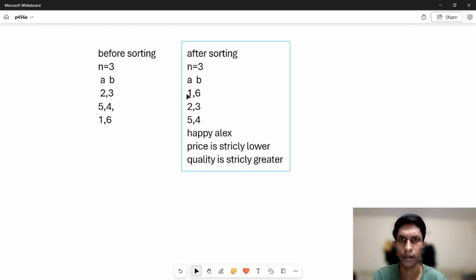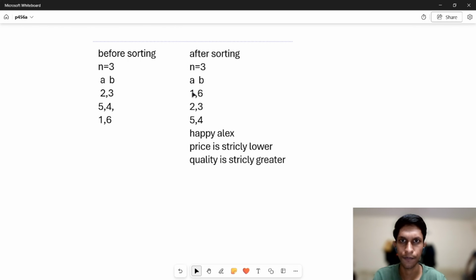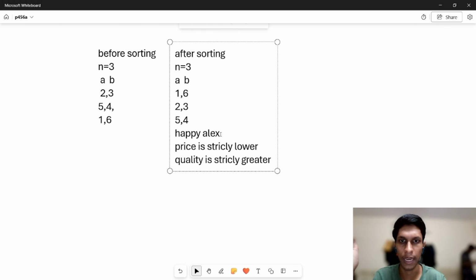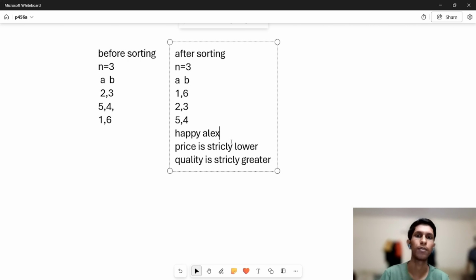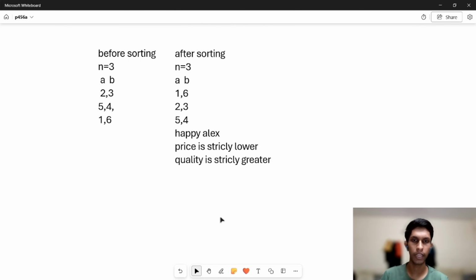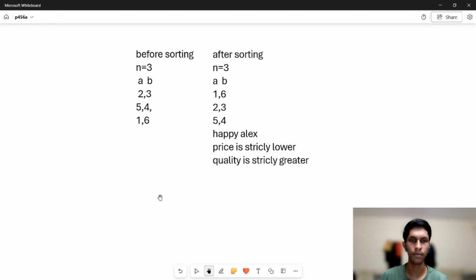Since we have found a pair that exists here, we'll just return happy Alex as an output. If we are unable to find such a pair, then we'll just return poor Alex. So this is going to be the logic for this problem.